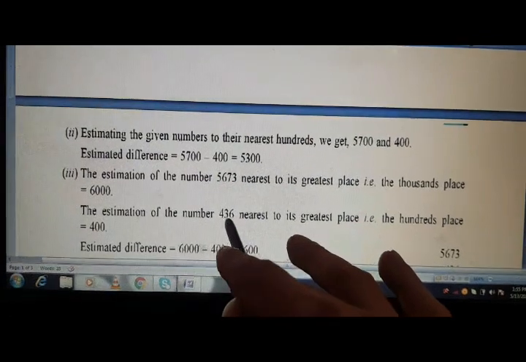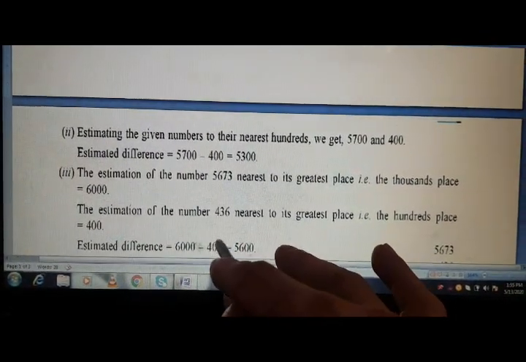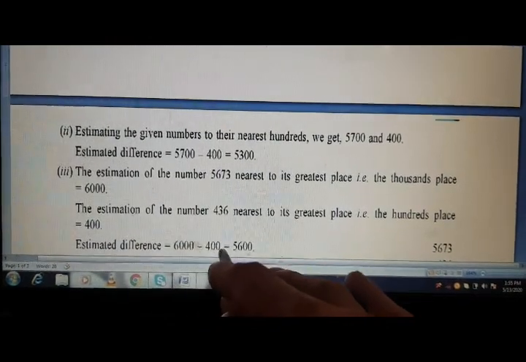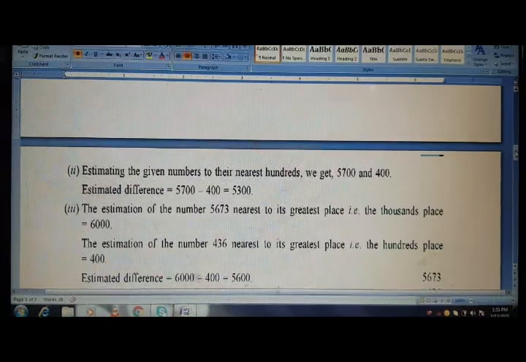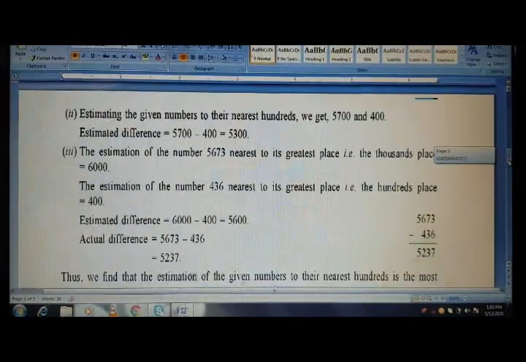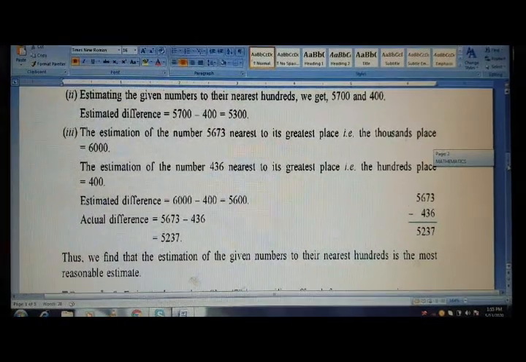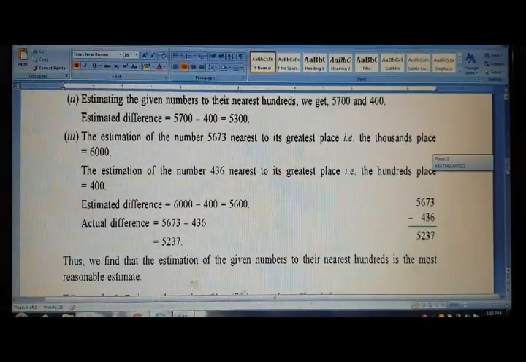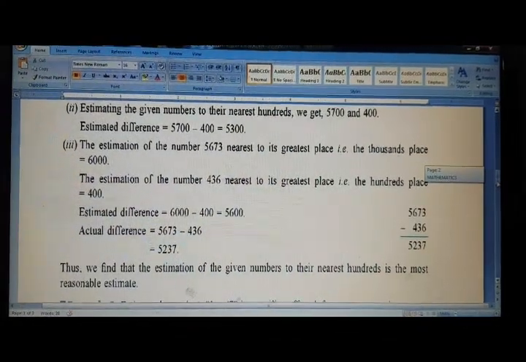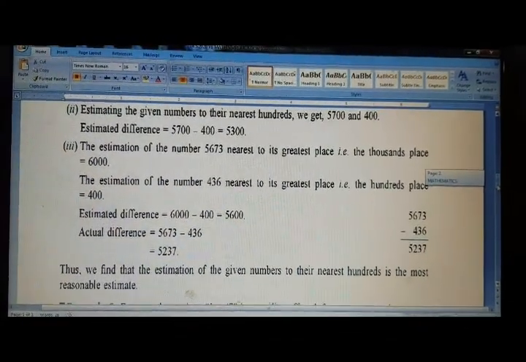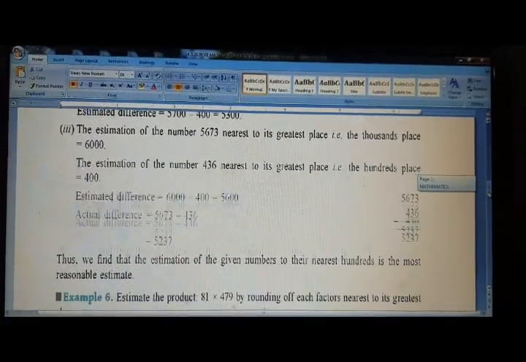And here we will check from tens, so 3 is not greater than 5, so 400 will remain as it is, so 6,000 minus 400 will give you 5,600 as the estimated difference. And the actual difference is when you subtract 436 from 5673: 13 minus 6 is 7, 6 minus 3 is 3, 6 minus 4 is 2, and 5237 will be your actual difference answer.